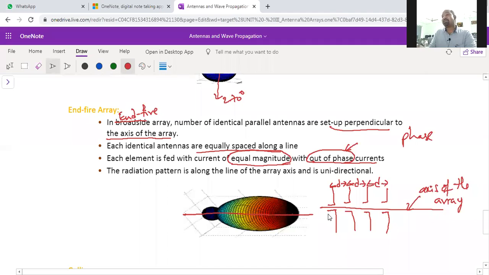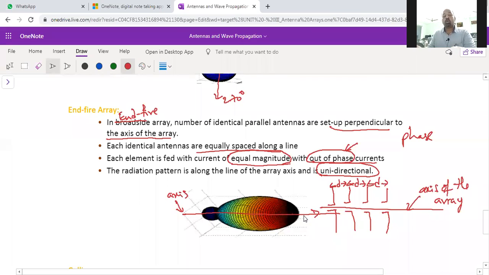This is the axis of the array, and the radiation pattern is maximum along the axis, and it is a unidirectional radiation pattern. So this is about the end-fire array.